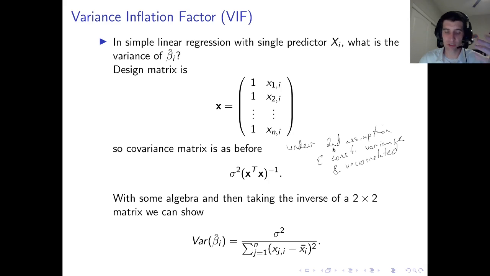So we've seen this previously in the multiple linear regression lecture, that when we have this second assumption, we can find the covariance matrix of the least squares estimator, and it is this, where sigma squared is the variance of epsilon. If you use some algebra and you take the matrix inverse of a 2 by 2 matrix, you can show that the variance of the ith term of the least squares estimator is equal to the following.